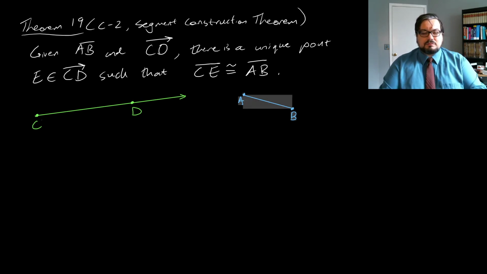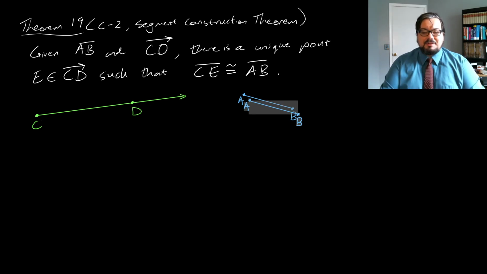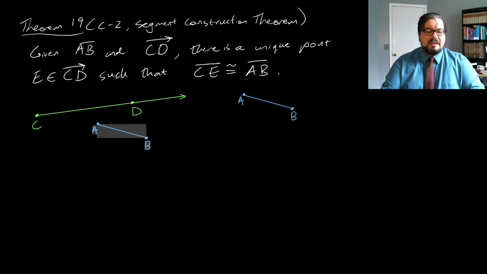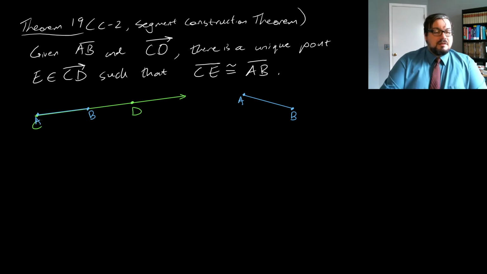Now, we can visually see how that happens. If we imagine taking a copy of this over here, and then literally lining it up like this, then we can see where we want to put E. We would want to put E right here.